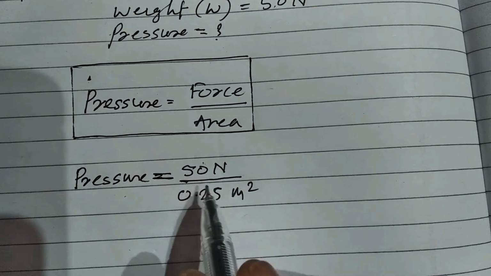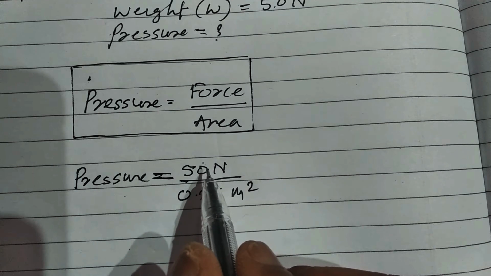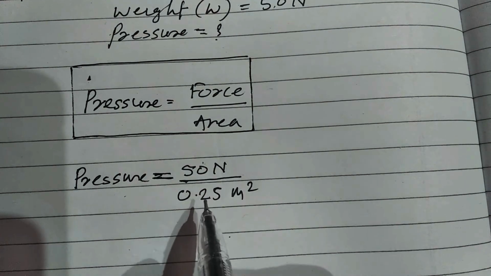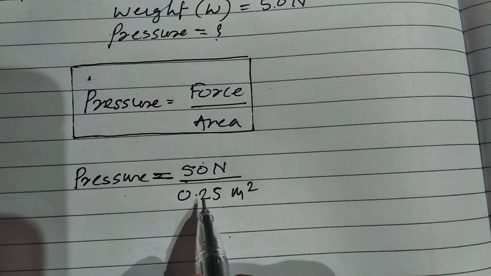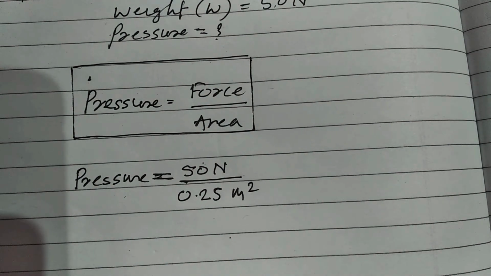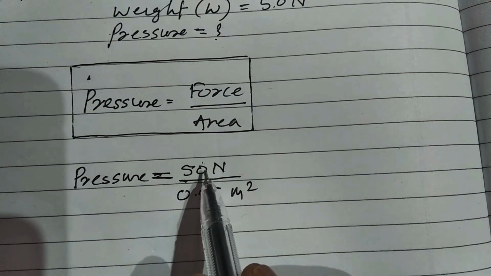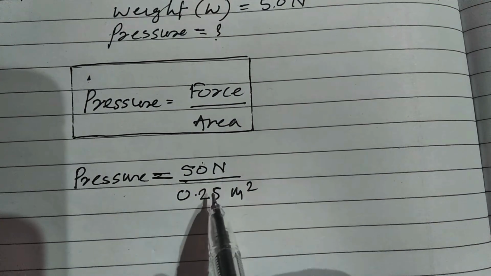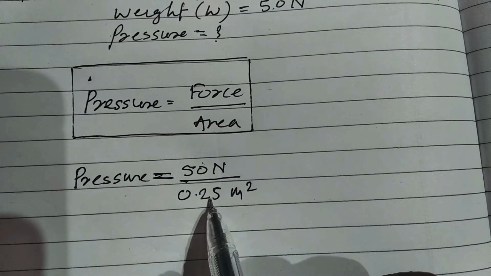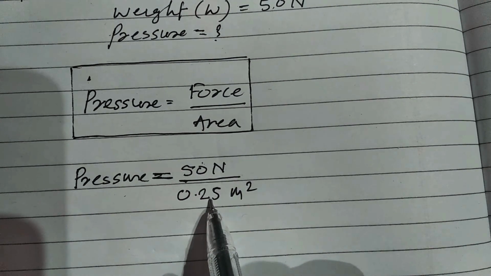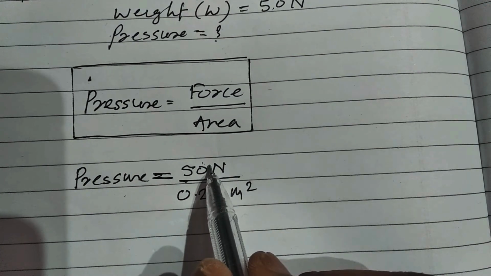When I observe carefully, I found that at the numerator place there is an integer, and at the denominator place there is a fractional number. In order to solve this equation, this integer is to be converted into a fractional number, or this fractional number is to be converted into an integer.